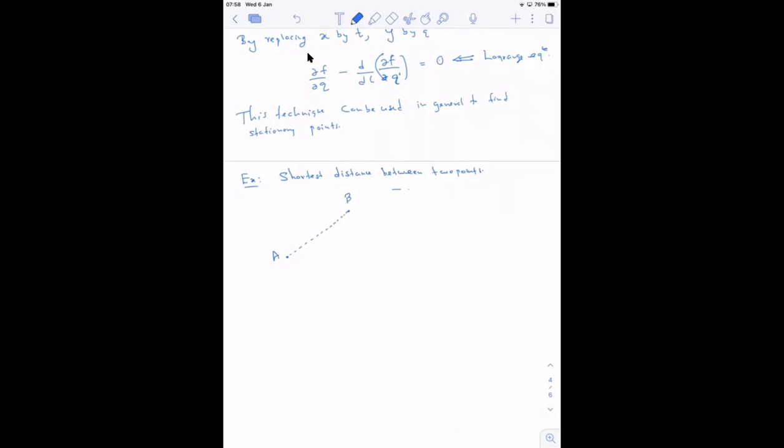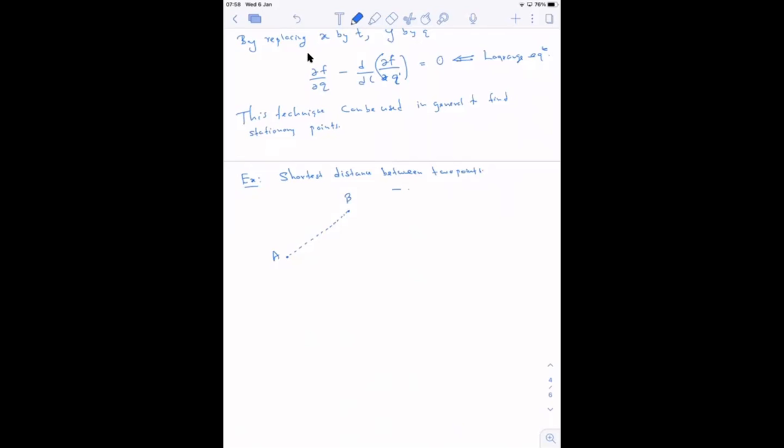Let's say you take 2 points and you need to go from A to B by the shortest distance. So that should be the direct line. Yes, thank you. Or a straight line, right? All of us know that, right?